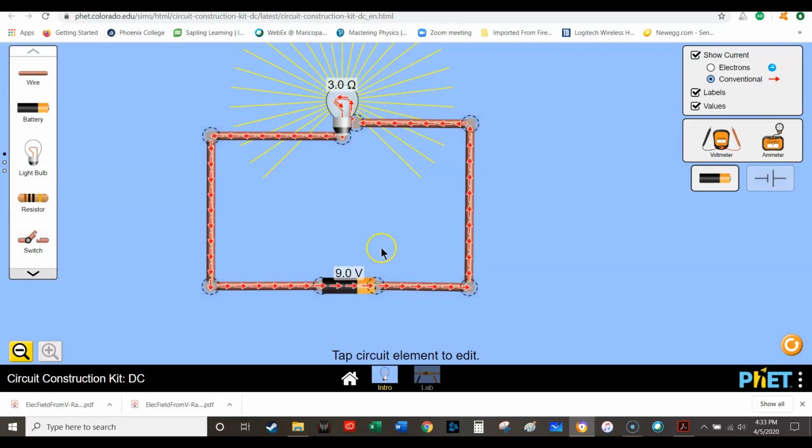So it's almost like we put a positive charge here, and it's being repelled away from the positive terminal of the battery, and it's coming around, flowing through this resistor or light bulb, and its kinetic energy is being converted to heat and light, and then the electrons keep moving, and then they come back to here. Okay.